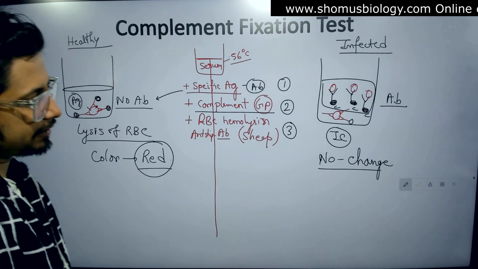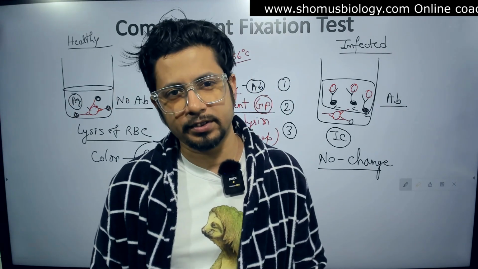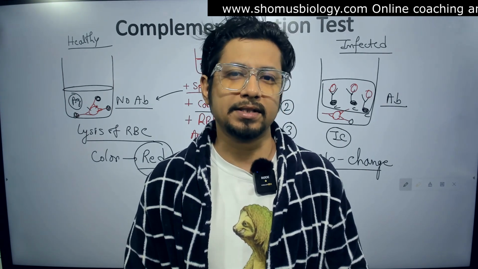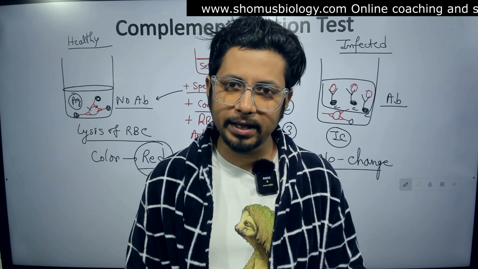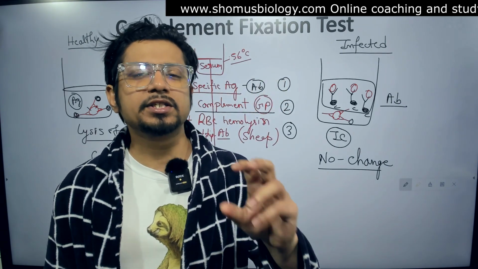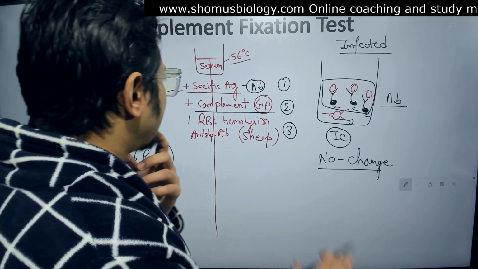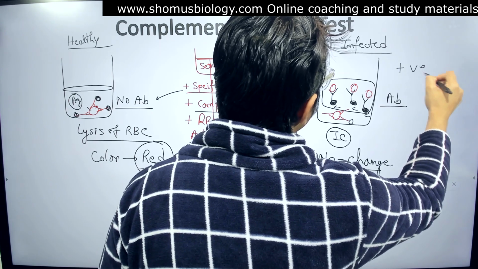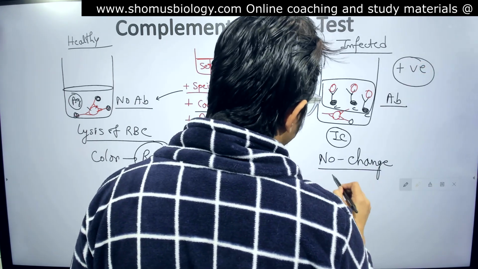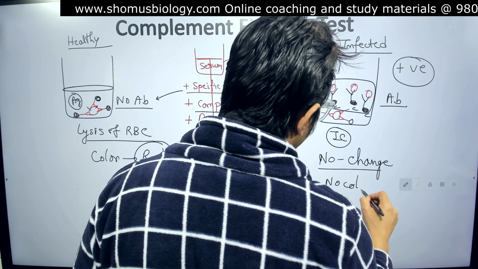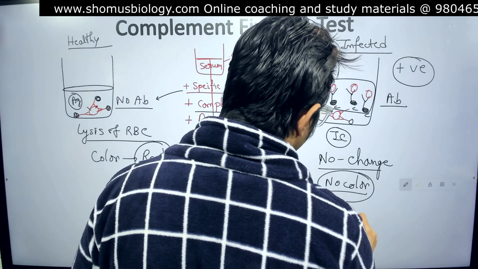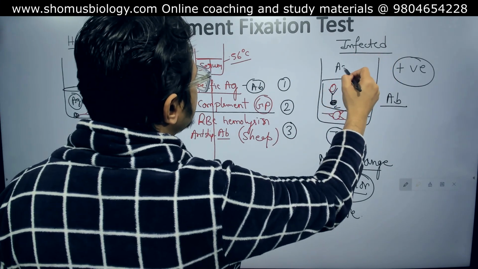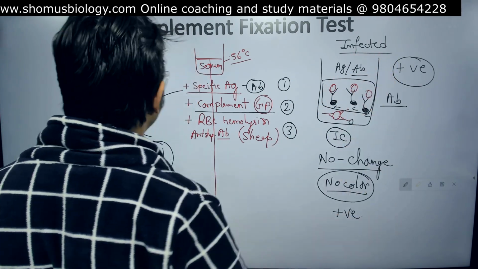That is going to give us the idea about complement fixation, how exactly it is done. This is the complement fixation, this is how it is done. And the complement fixation idea is used like this: the right hand side, for an infected person, a test positive person, does not have any lysis, no color change, because obviously positive means they have the antibody in the serum.